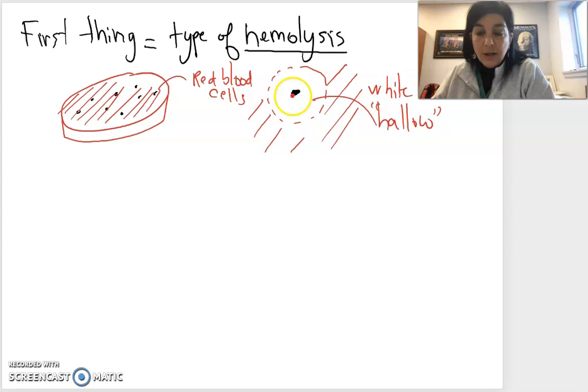So around the cells, this is where the red blood cells burst, and we do not have that red pigment anymore, and visually it allows us to see where hemolysis took place.